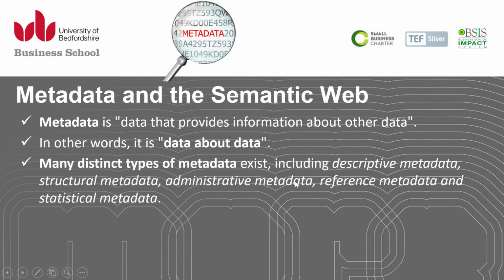Many distinct types of metadata exist, including descriptive metadata, structural metadata, administrative metadata, reference, as well as statistical metadata. Some of the examples include the means of creation of the data, the purpose of the data, and the time and date of creation.